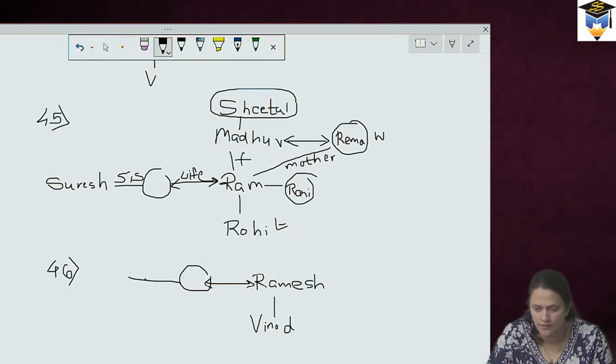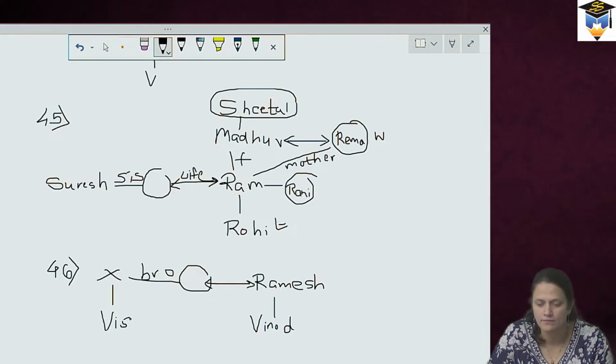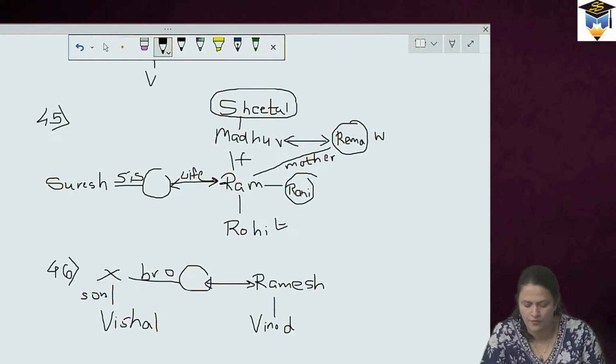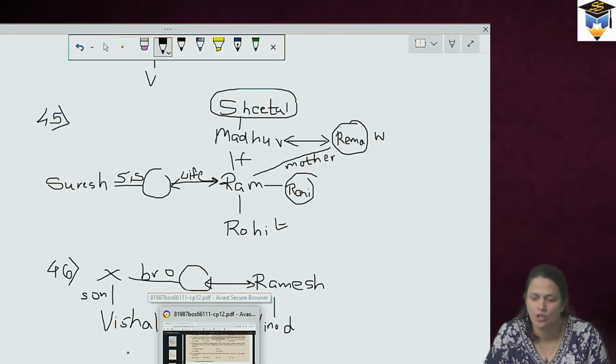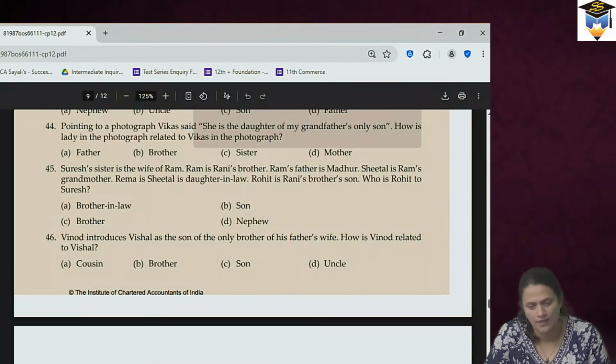Whose brother, so he is the brother of the wife, whose son is Vishal. So Vinod and Vishal are option A.